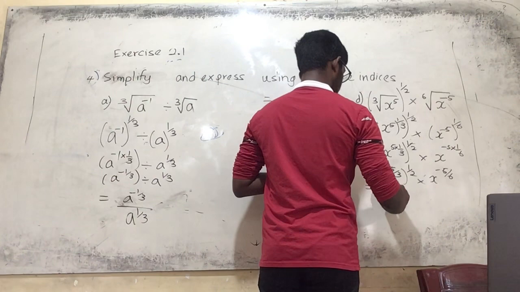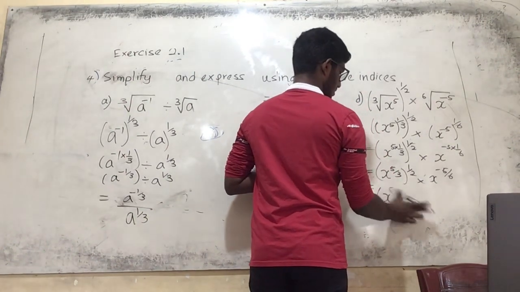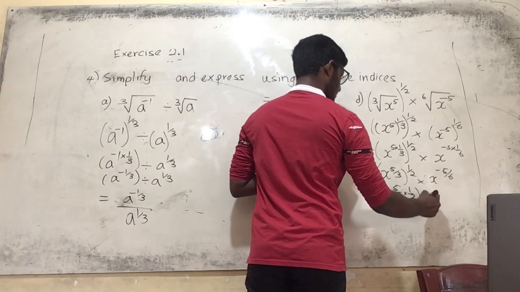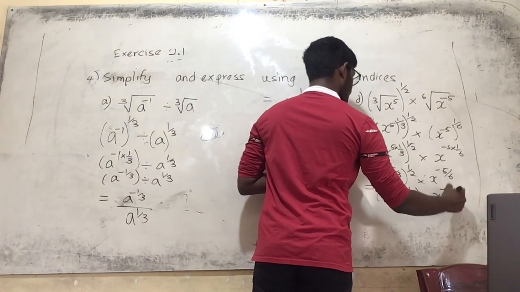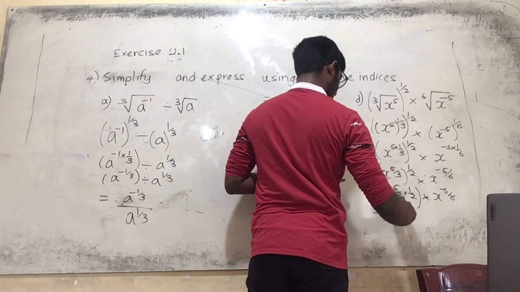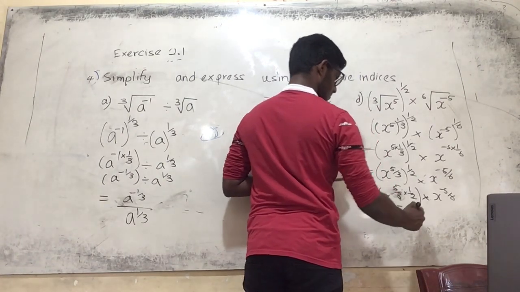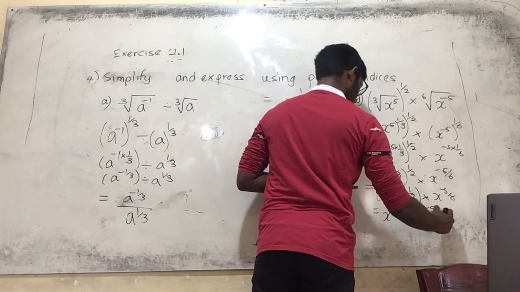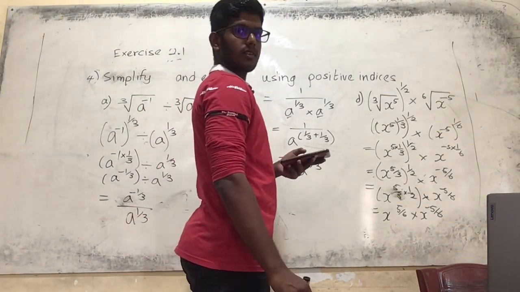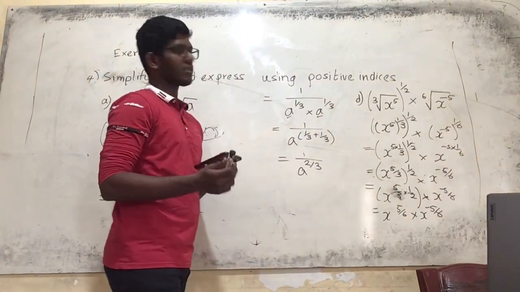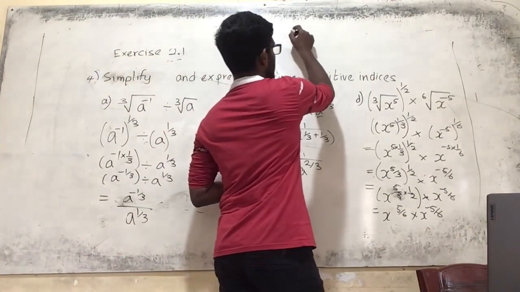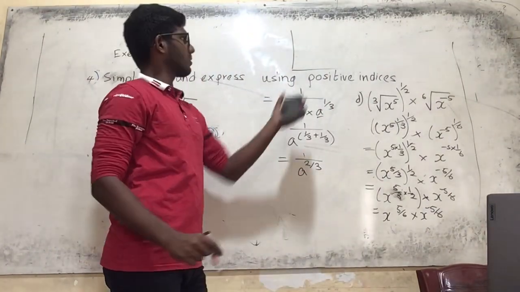Next step, five over three into R. Next step, I will do the rest of the calculation here, okay? Since I don't have space in the board left, I will do it at the top.